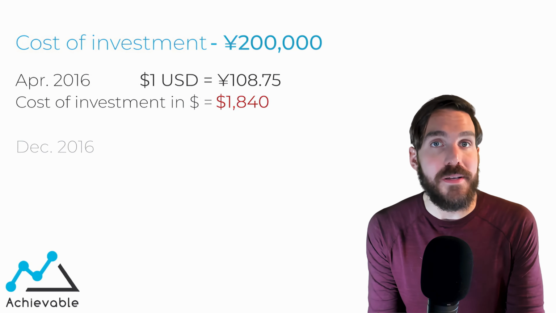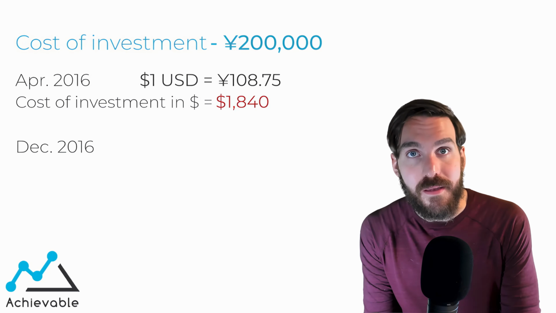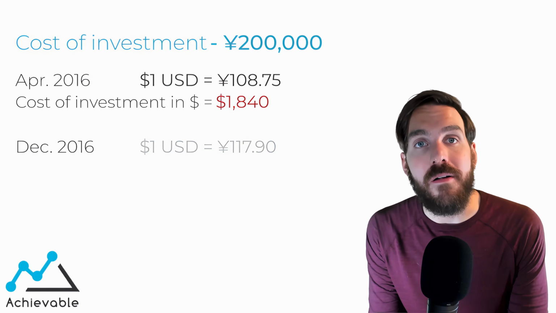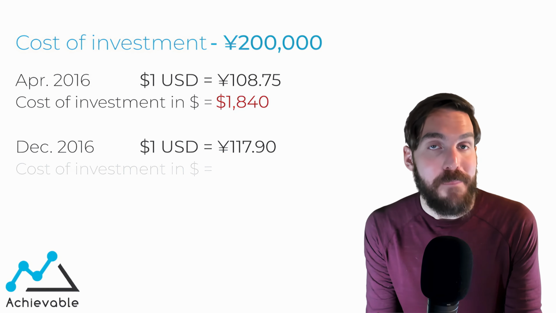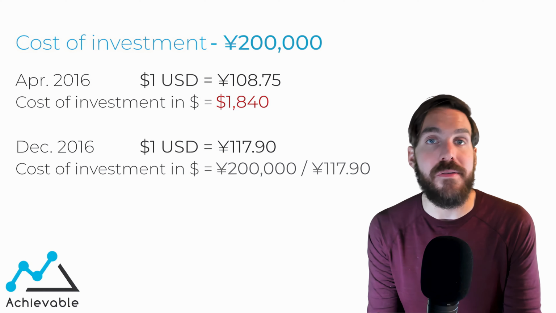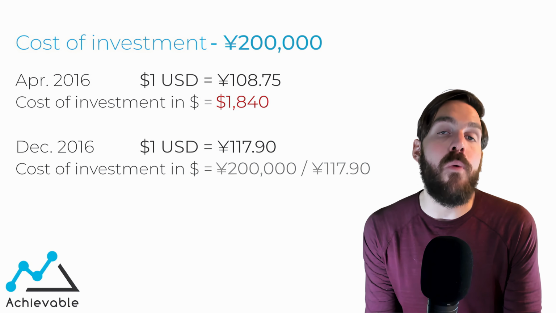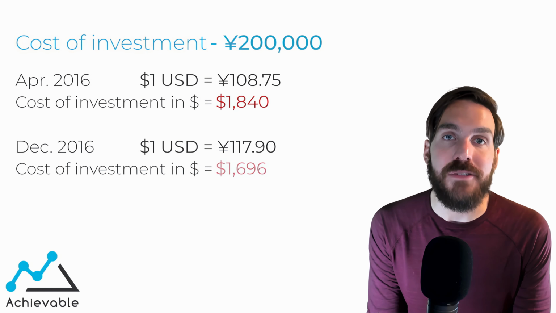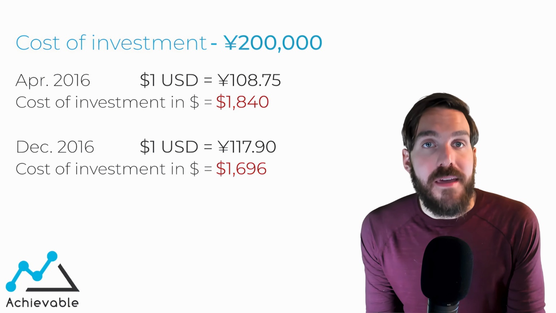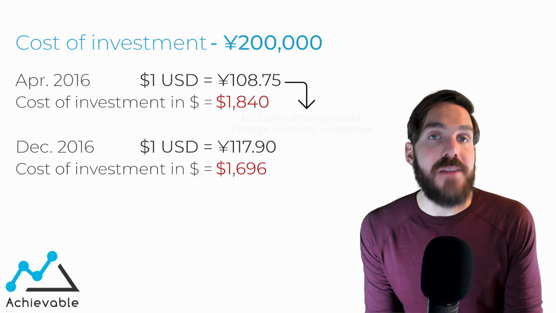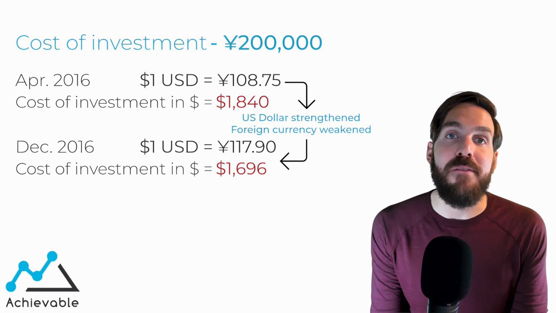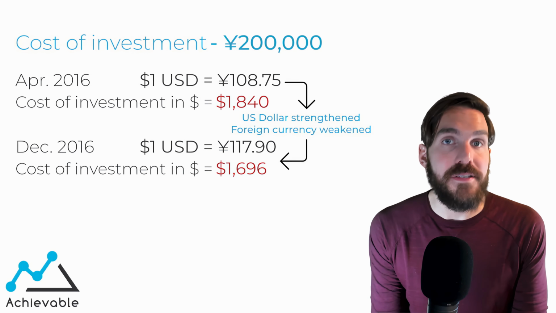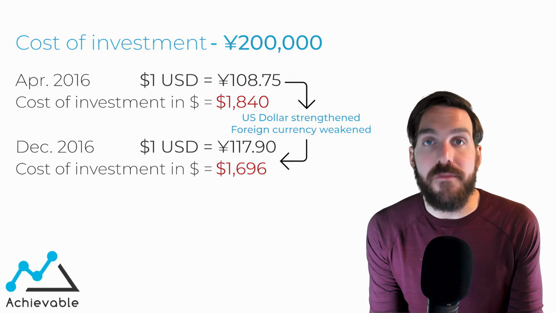By December 2016, the US dollar strengthened to the point where one US dollar equaled 117.90 yen. At that point, an investment costing 200,000 yen was the equivalent of 1,696 US dollars. The point to make here is that a strengthening US dollar is beneficial when making a purchase denominated in a foreign currency. It makes the security cheaper just because of the conversion rate.